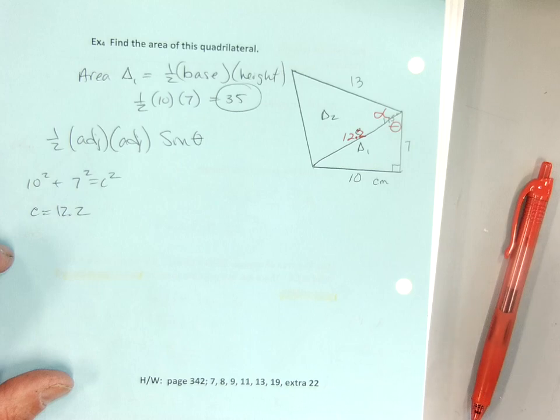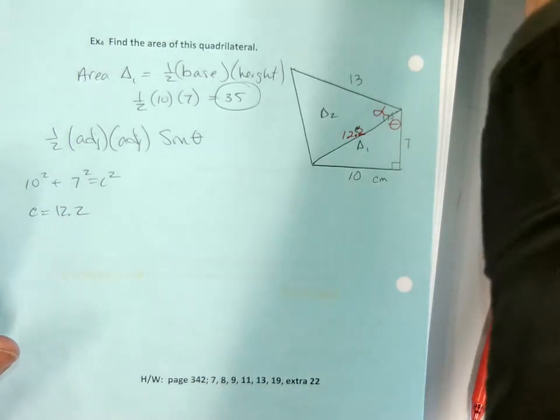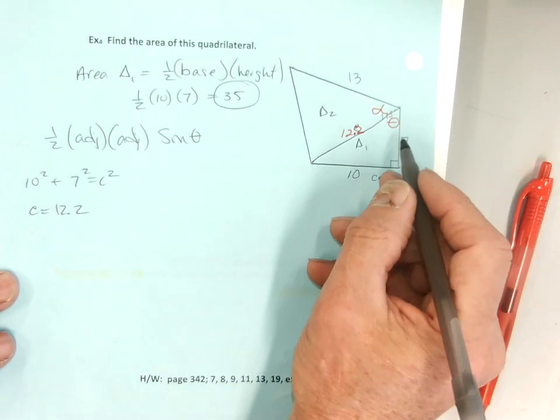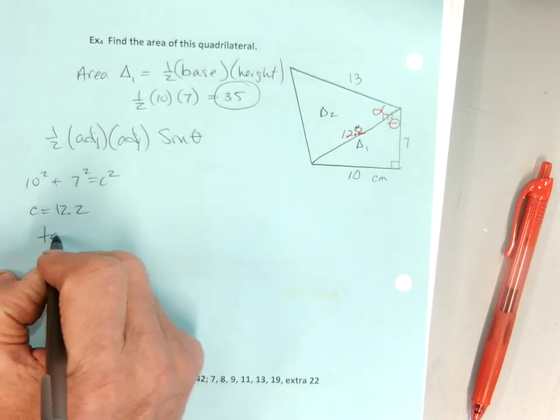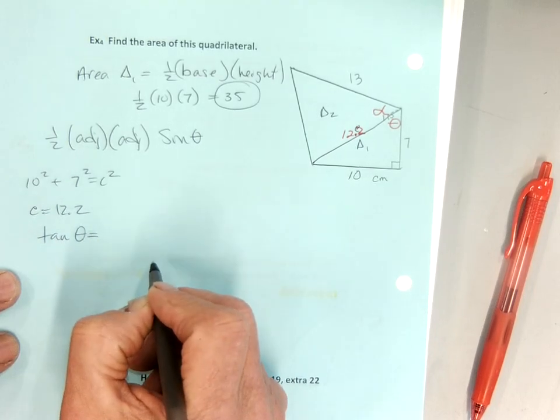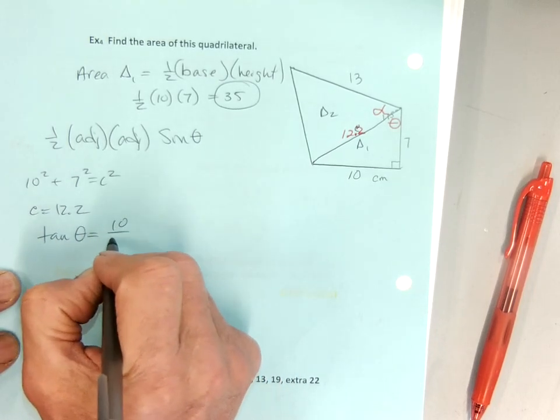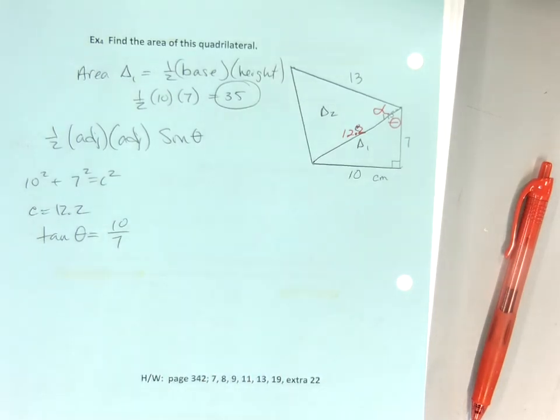Theta and alpha. So through right triangle trig, tangent of theta is equal to 10 over 7 because we have a right triangle, right? From theta, I've got my opposite over adjacent.